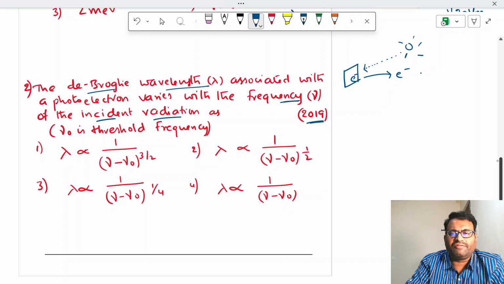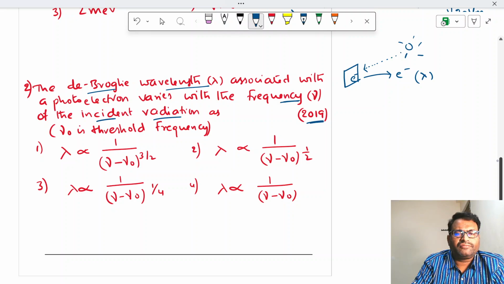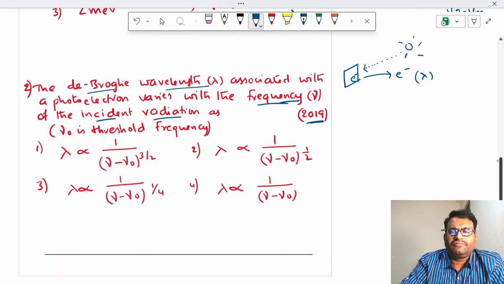What is the wavelength of this electron associated with the frequency? The de Broglie wavelength associated with the photoelectron varies with the frequency of incident radiation.